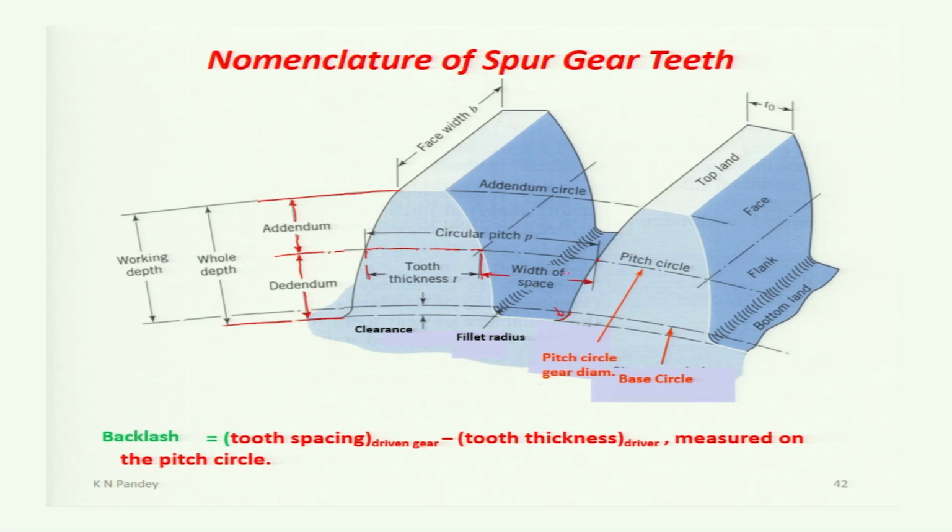This is the width of space. Now, within the width of space, the gear tooth of a mating gear will mesh. So if there is a difference between the width of space and the tooth thickness of the mating gear, then that difference is called the backlash.